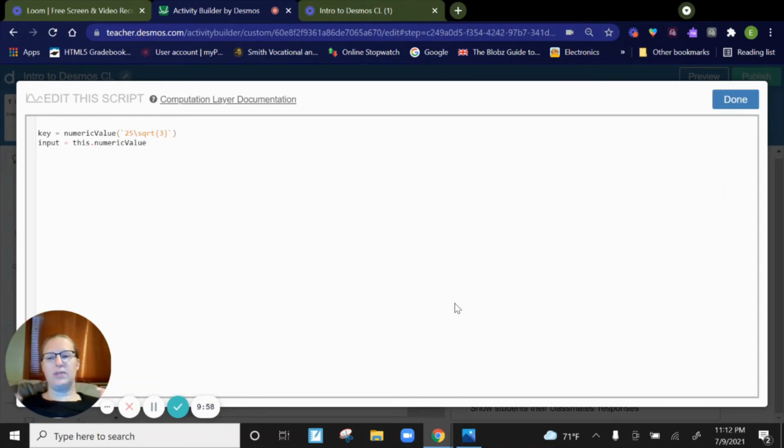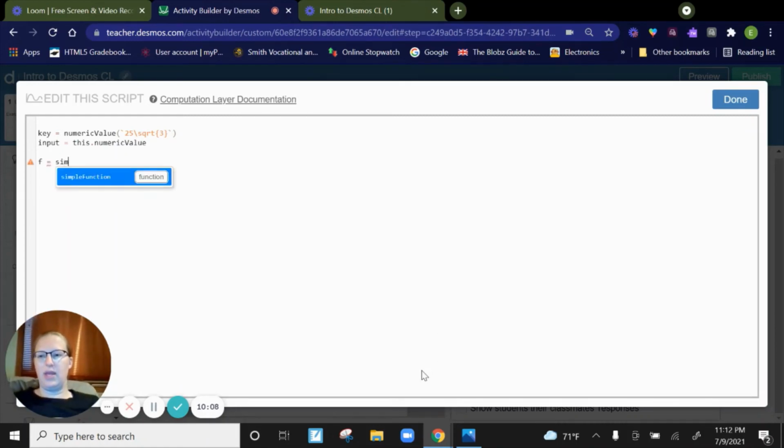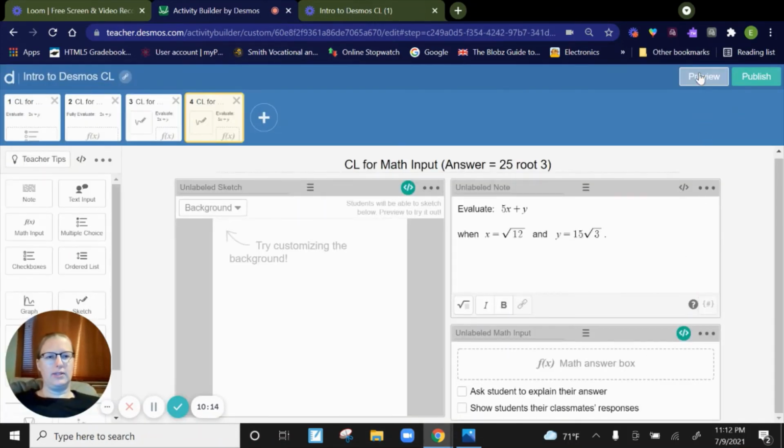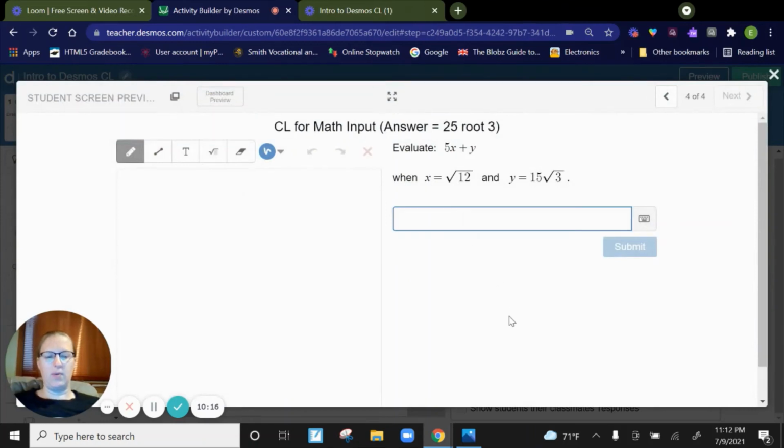And this is where this particular one gets a little, well, a lot difficult. So I'm going to go through it a little bit fast. I'm going to call a function f, and it's going to be a simple function, which is something that Desmos uses. And just for the ease of typing it, I want to take the absolute value of x minus y.